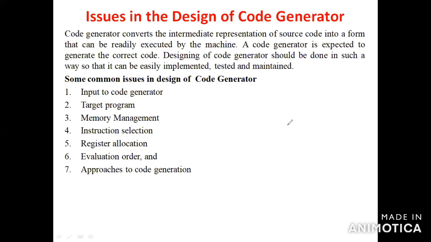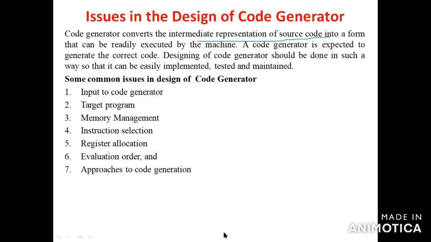The code generator takes the intermediate representation of the source code as input and produces the equivalent target code as the output of the code generation phase, which can be readily executed by the machine.